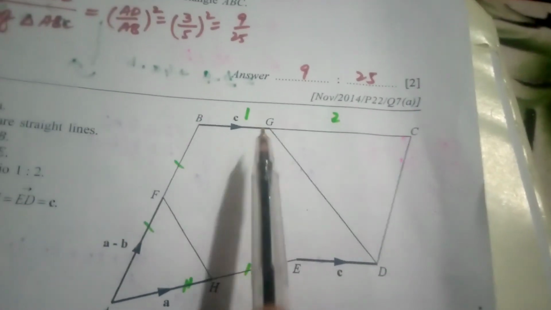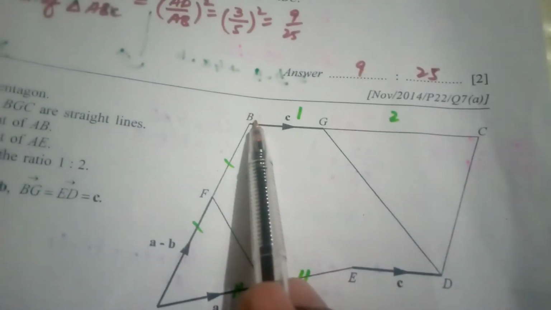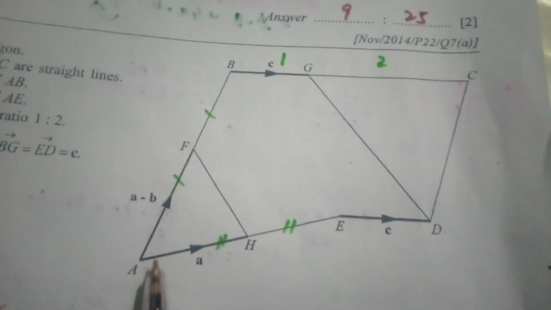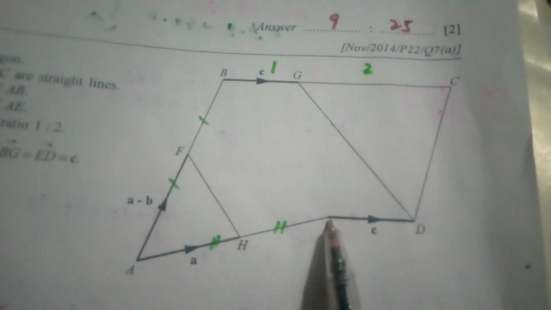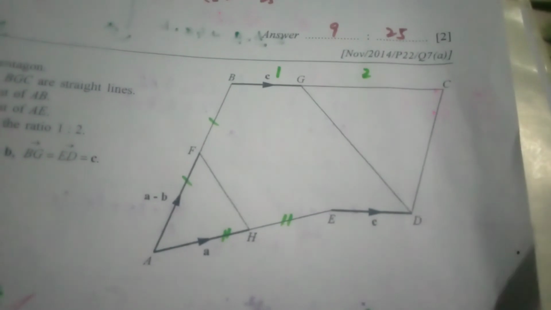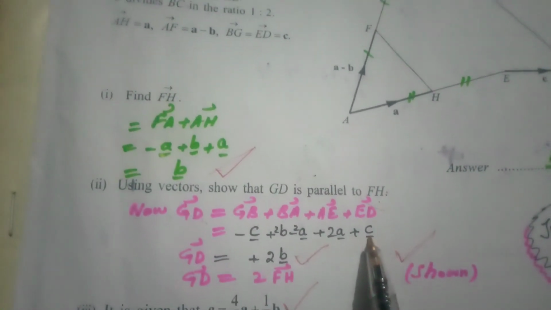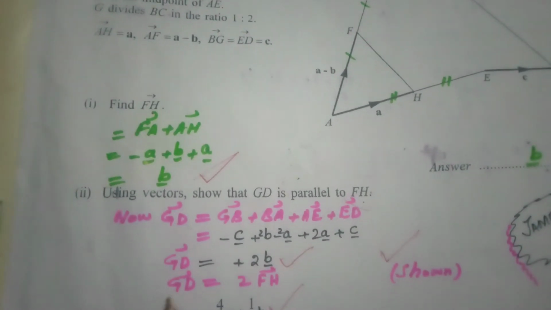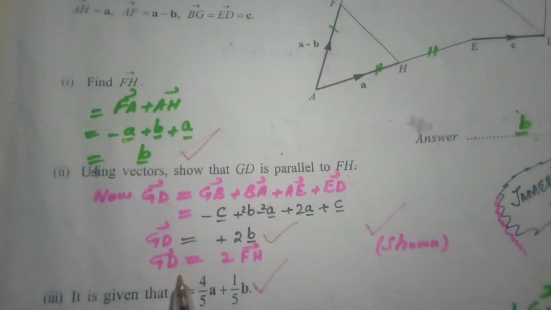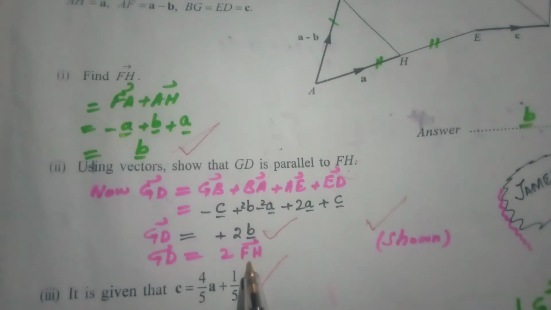So you will use here GB plus BA plus AE plus ED, and all lengths are given to you, and you have to focus on the directions. So at the end we got GD is equal to 2FH.